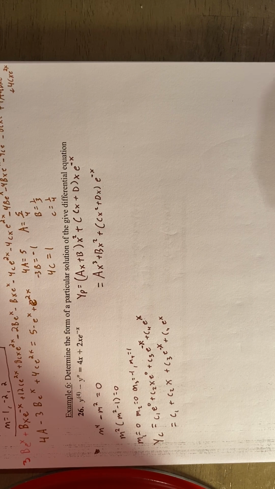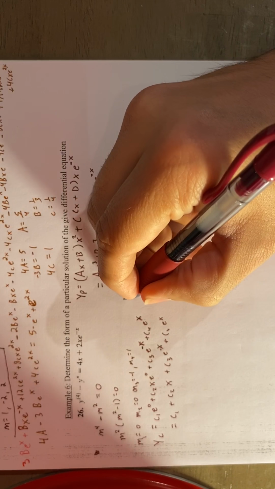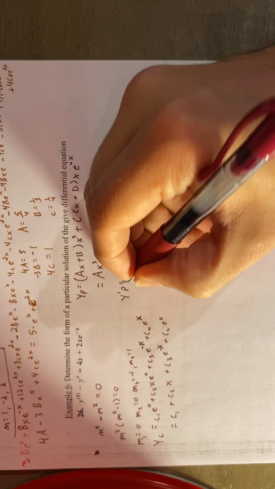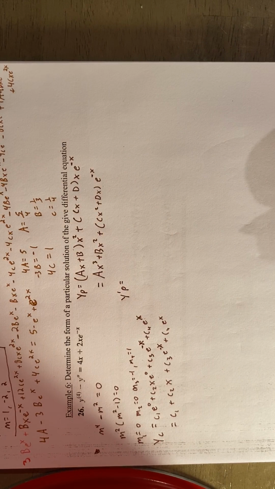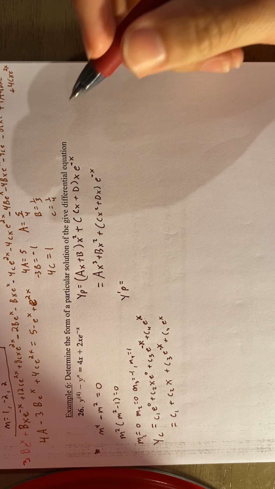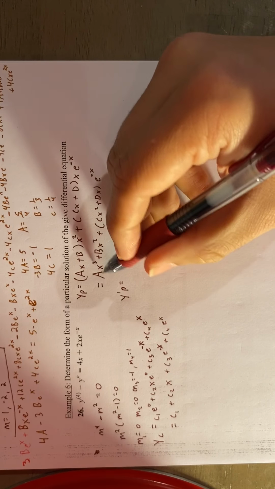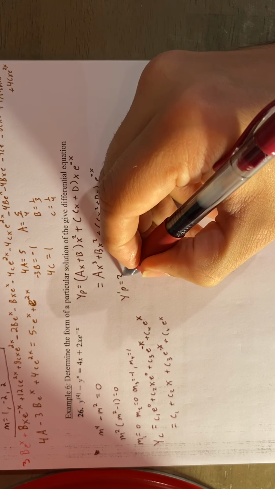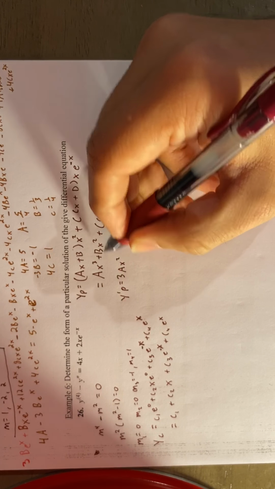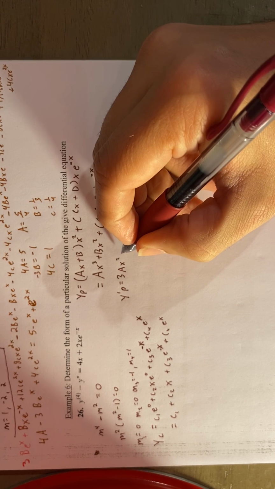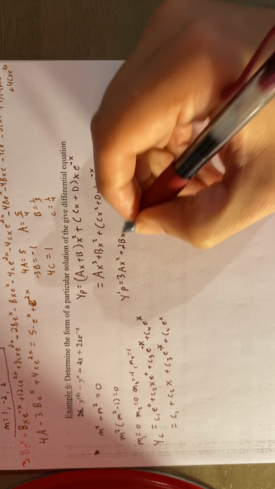Now, I'm going to write the derivatives out, but I'm not going to work straight through them. I'm going to show you what you should get after you do the first derivative. So, the derivative of ax cubed is going to be 3ax squared. Derivative of bx squared is going to be plus 2bx.